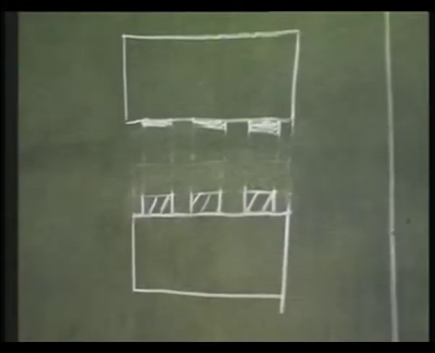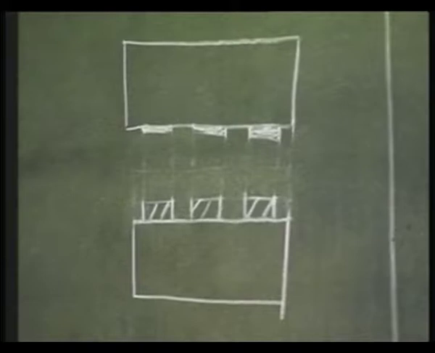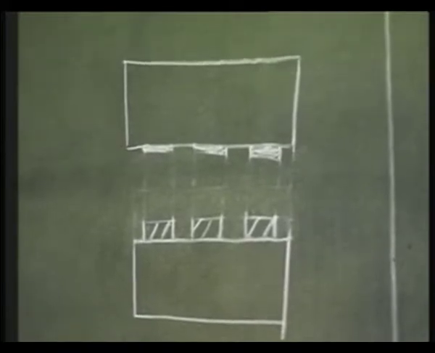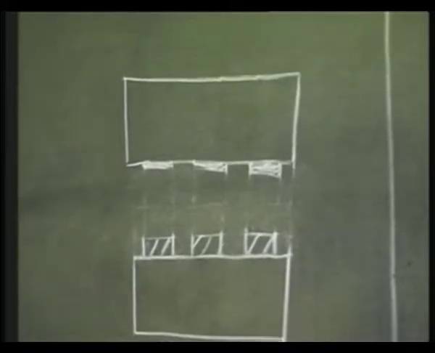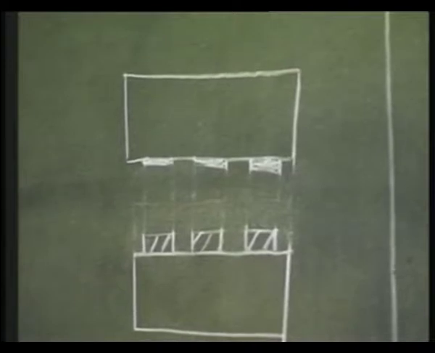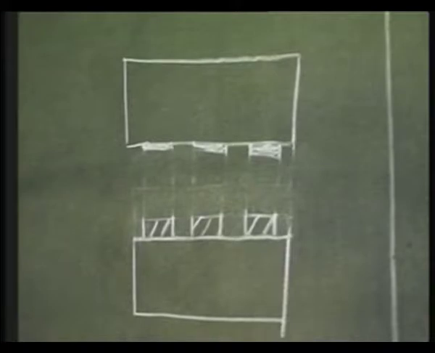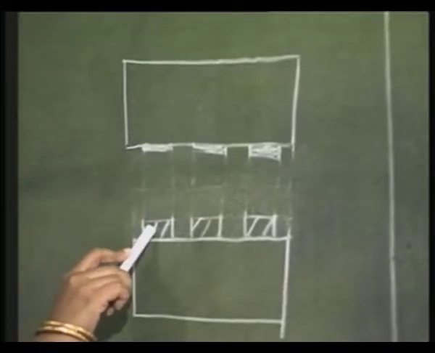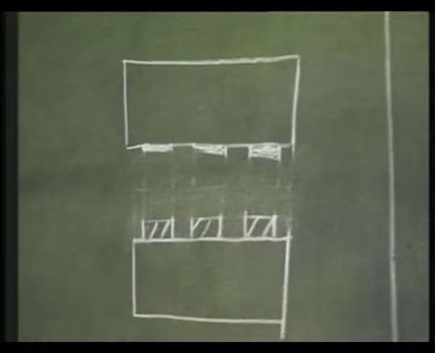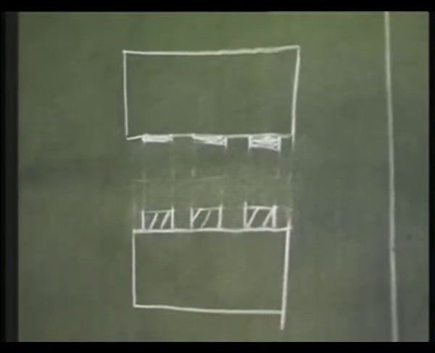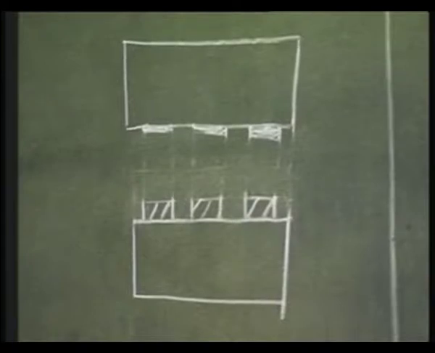What do you see here? Compare the pattern on the mask with the pattern on the oxide. What do you see? The opaque regions in the mask, corresponding to that I have oxide sitting on the wafer. The transparent regions in the mask, corresponding to that I have no oxide.